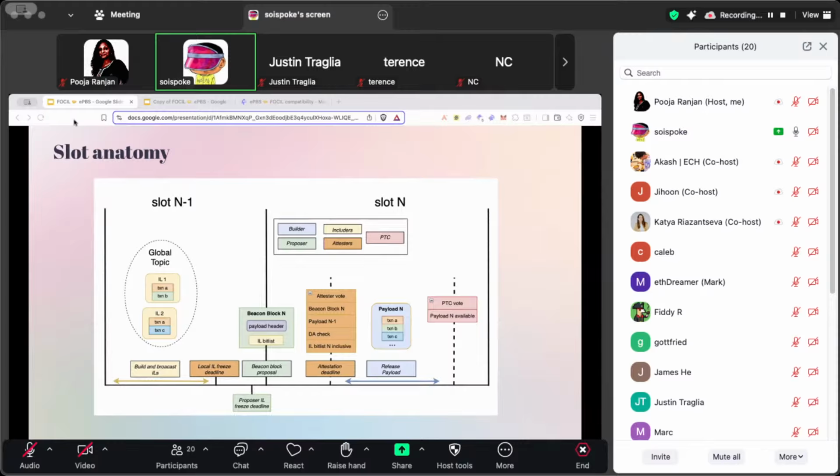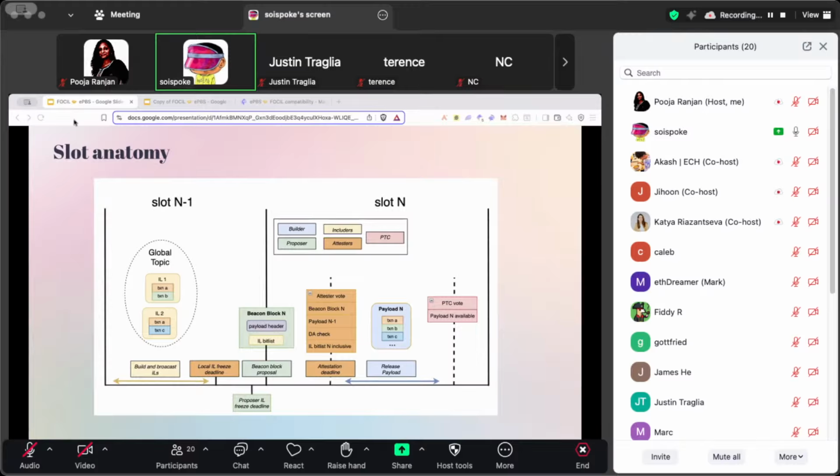That determination incorporates the PTC vote outcome for the slot n-1 payload, which determines whether the payload of slot n-1 was made available on time.